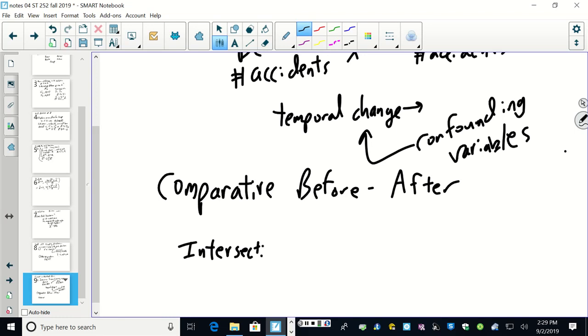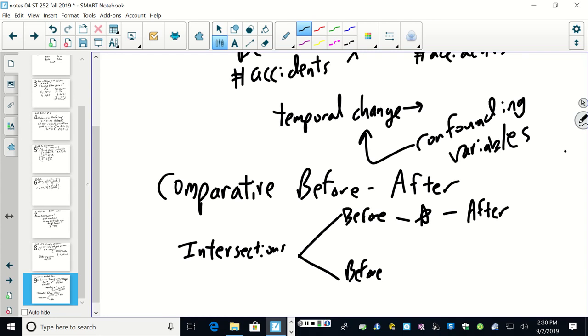You're going to measure them all before, and then some of them have the intervention, the new lights or the new warning signs, and then after. And then other ones, you just measure after.